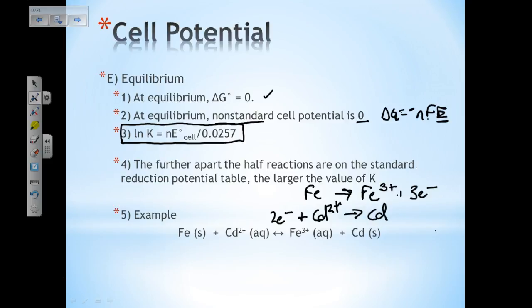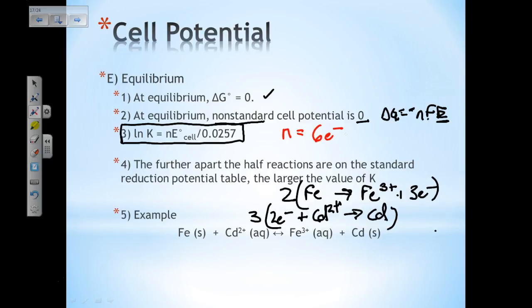This isn't a video on how to balance these; if you want, you can go back and watch that video. Remember, the electrons have to stay even, so this is going to be a 2, and this is going to be a 3. So now we have how many electrons are being transferred: n equals 6 electrons, or 6 moles of electrons.